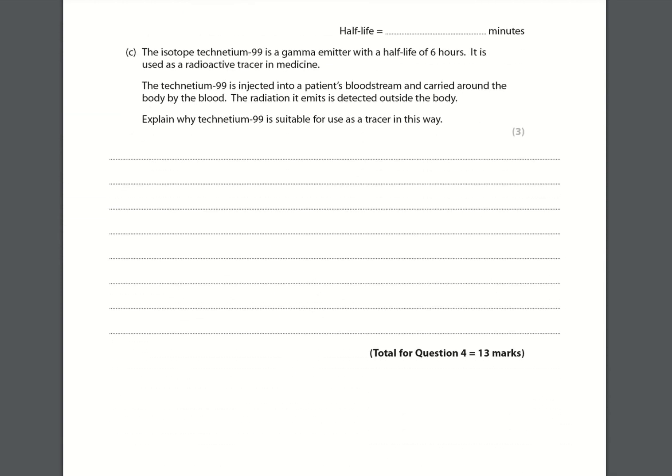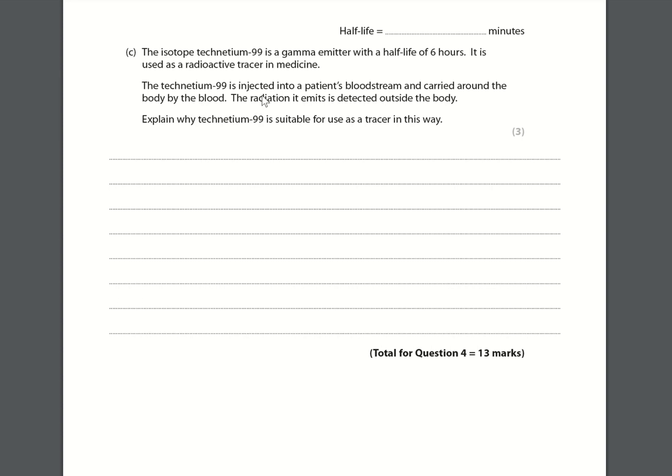The isotope technetium-99 is a gamma emitter with a half-life of 6 hours. It is used as a radioactive tracer in medicine. The technetium-99 is injected into a patient's bloodstream and carried around the body by the blood.